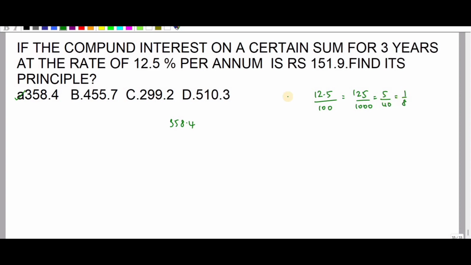So if my principal is 8, my amount is 9, since 8 plus 1 is 9. Since they are asking for 3 years, it is 8 power 3 and 9 power 3.